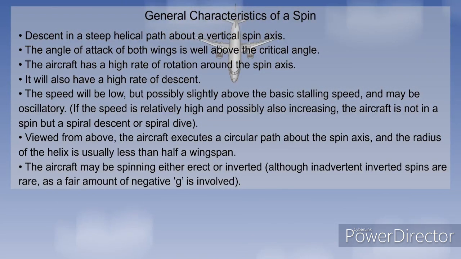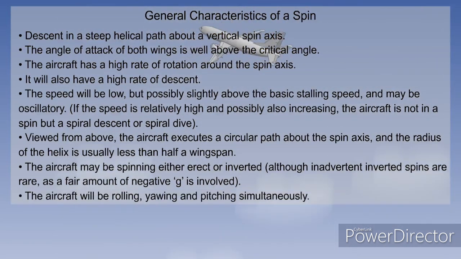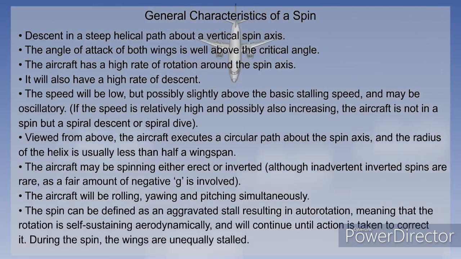The aircraft may be spinning either erect or inverted, although inadvertent inverted spins are rare, as a fair amount of negative G is involved. The aircraft will be rolling, yawing, and pitching simultaneously. The spin is one of the most complex of all flight maneuvers.